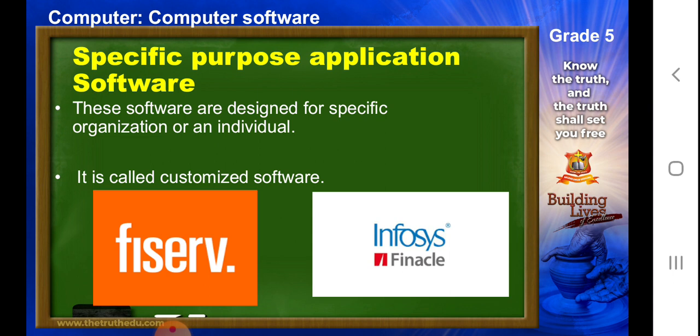This means, for example, if a bank wants to develop its software, it approaches a company and says, I want a programming software where I can keep all the records of my customers: how much fixed deposit they have, their name, address, PAN number, Aadhaar number, email address, alternate address, even the photograph, their account number, and which branch they hold the account in. All these details are fed in an organized way.